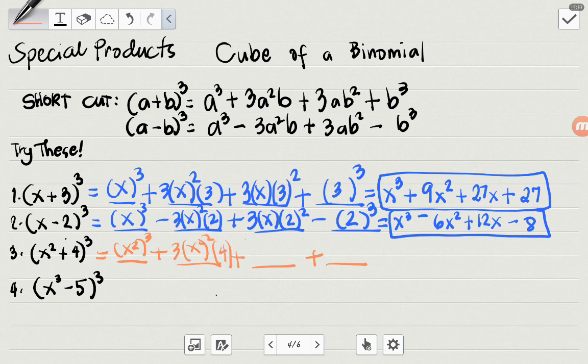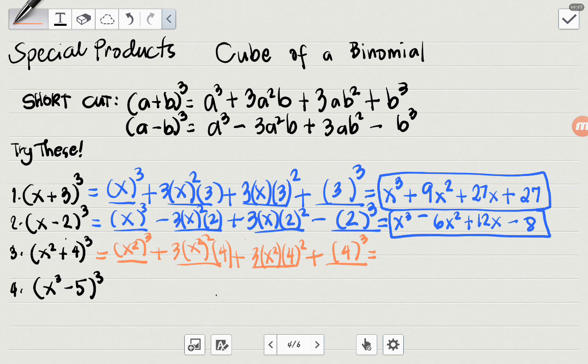Ang pangalawa, this is 2. Okay. And yung pangatlo natin ay 3 times x square, square naman ng pangalawa. And then yung pang-apat ay cube naman ng pangalawa.